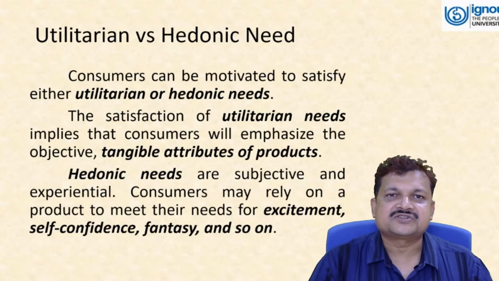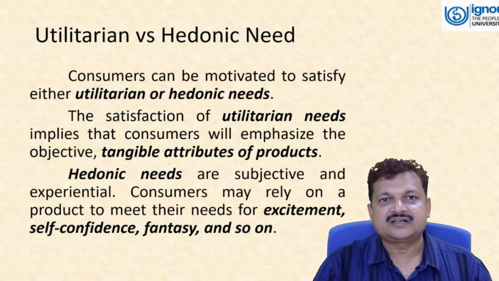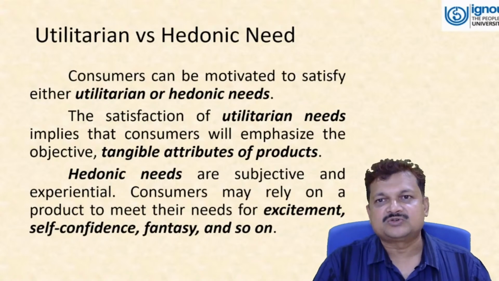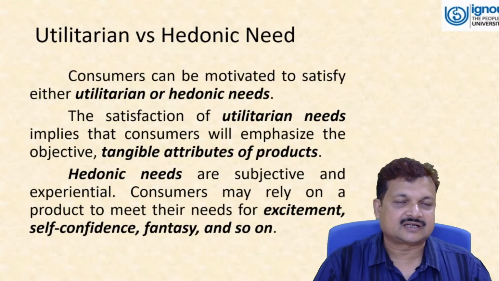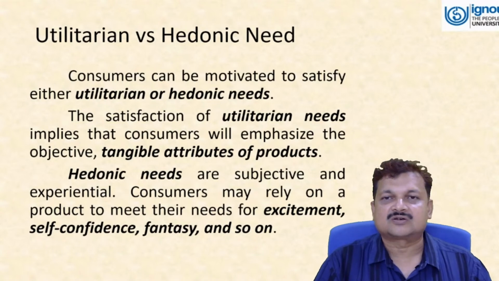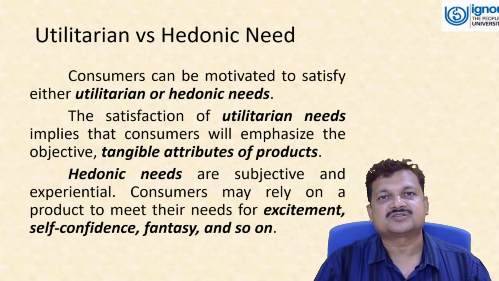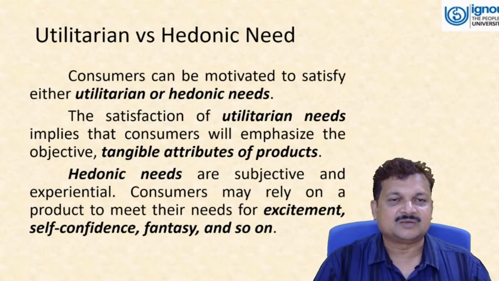Utilitarian versus hedonic needs. So utilitarian need is mostly based on tangible attributes. When we are going to see any particular product, we are always comparing the attributes of that product. If you are going to purchase a laptop or a cell phone, definitely you have to go through the features, what things are available.